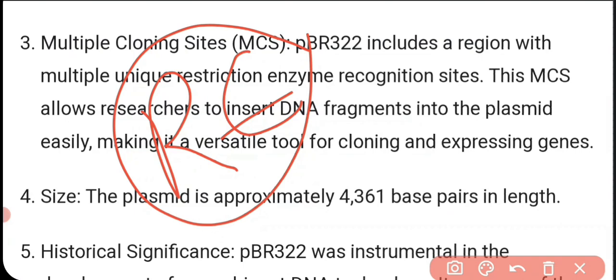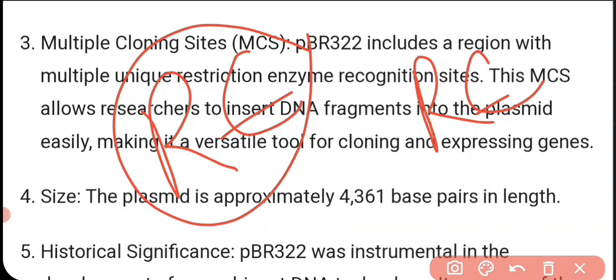So the vector should have multiple cloning sites, meaning multiple sites which can be cut by restriction enzymes, so that we can cut that plasmid vector and insert the gene of interest.